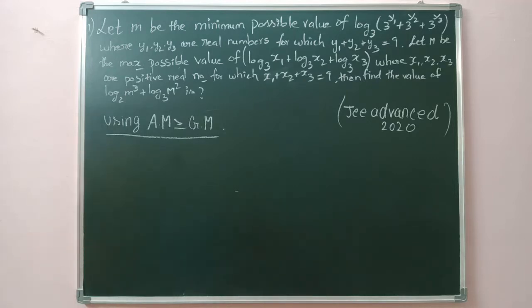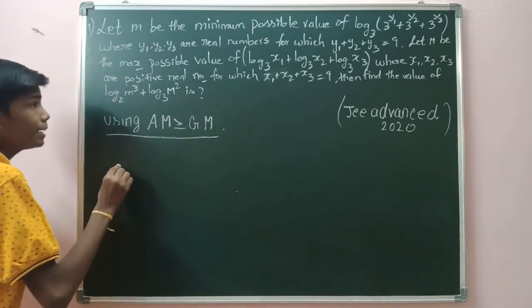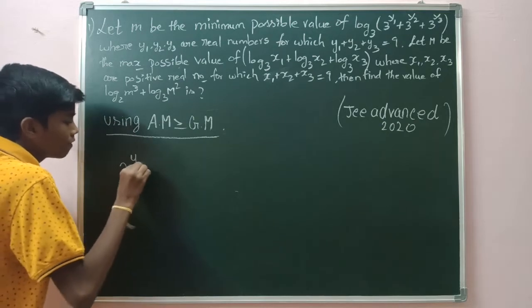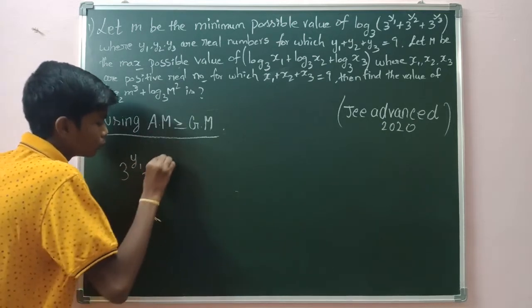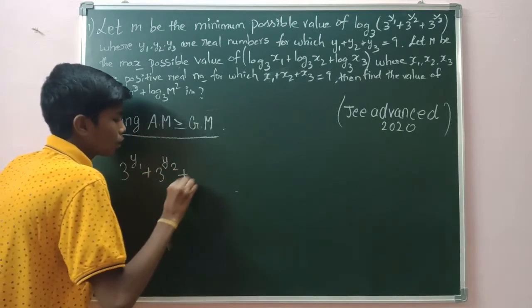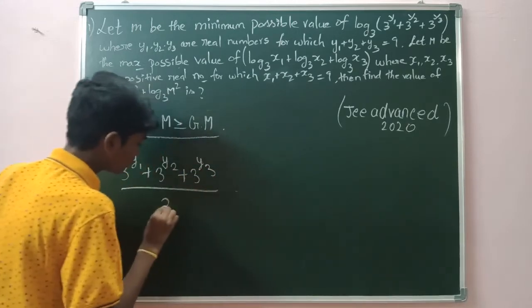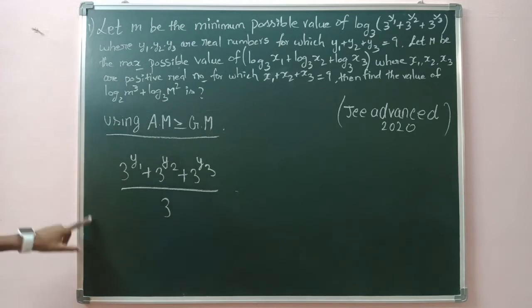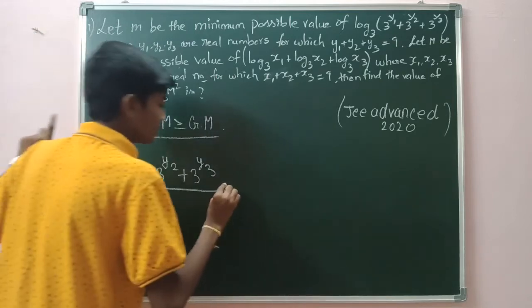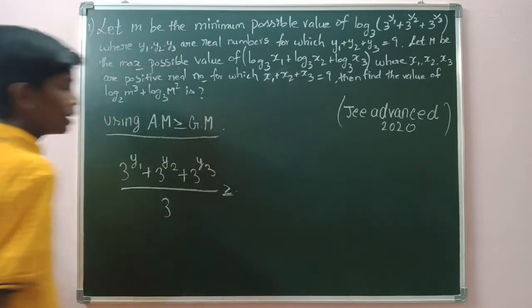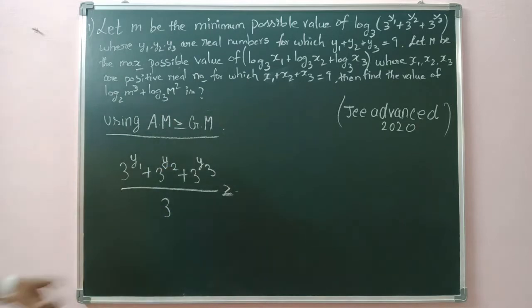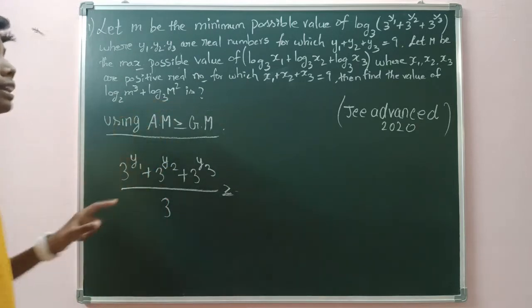So now what you are going to do here is, using your AMGM inequality, what I will say is, let me take the terms as 3 power y1 plus 3 power y2 plus 3 power y3 divided by 3, because the total number of terms are 3 here, will be greater than or equal to the GM of the 3 terms.